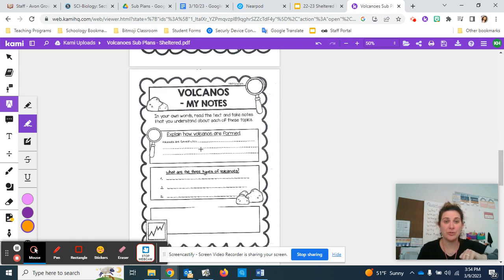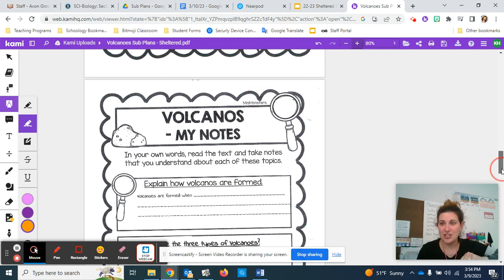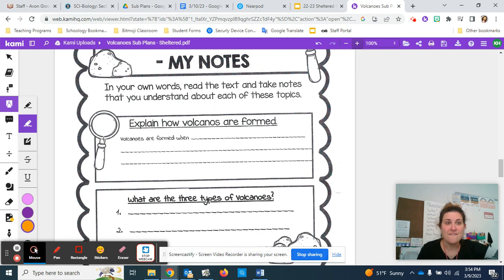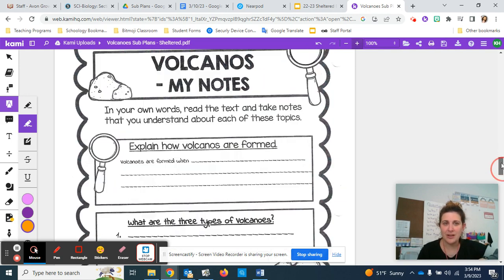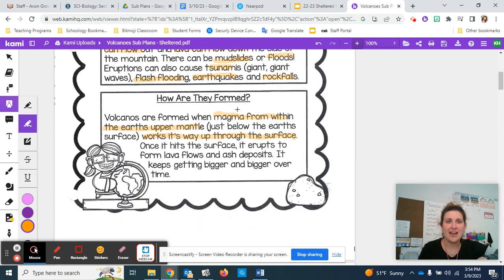tienes preguntas. Leer la pregunta. Volcanoes are formed when. Busca en la información. Tienes información acá. Volcanoes are formed when.